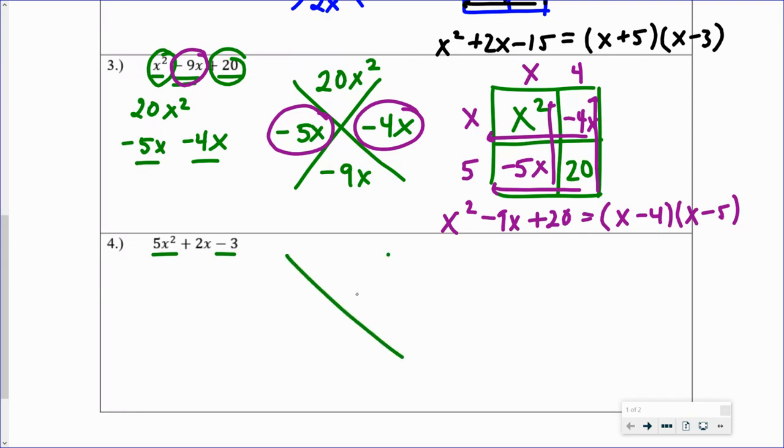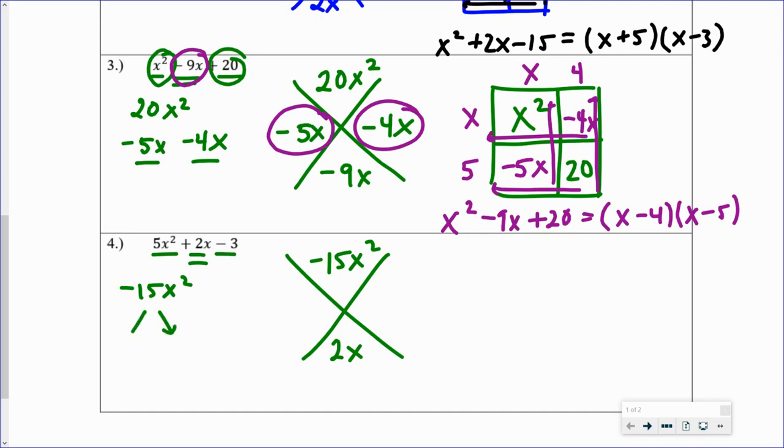That gives us negative 15x squared. And then the middle linear term is going to go right here, so positive 2x. So we're looking for factors of negative 15x squared that add up to 2x.